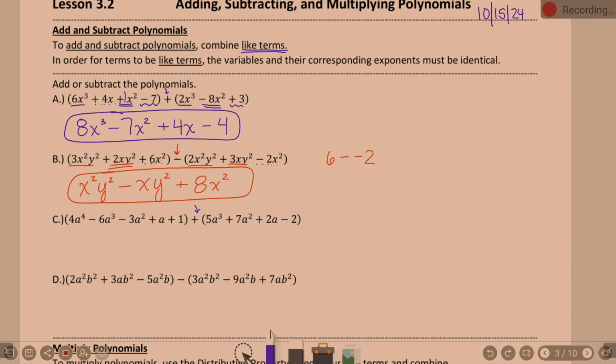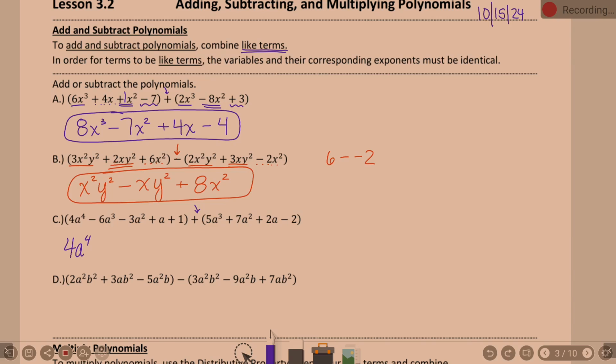Okay, where do you want to start? A cubed. He says start with A cubed. Well, just drop the 4A. Officially, I try to go in order of highest exponent to lowest exponent. There's a 4A to the 4th, and there's no other A to the 4th, are there? So 4A to the 4th just carries down by itself.